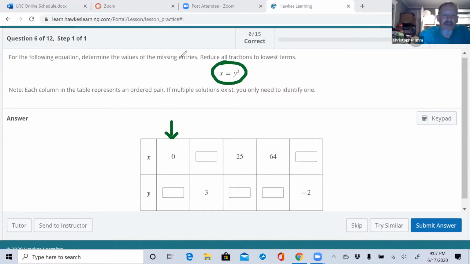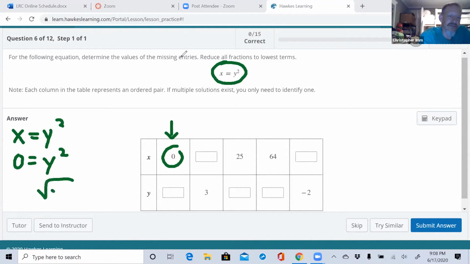In this case, when x is 0, if I use x is equal to y squared, I have 0 is equal to y squared. Now I'm going to go ahead and try to solve for y. So I can take the square root, but remember, when I take the square root of something squared, I get an absolute value.